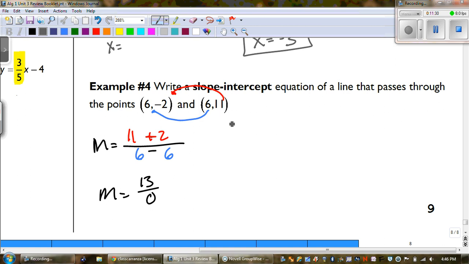Whenever 0 is on the bottom, it's an undefined slope. Okay? Try it in your calculator. It's going to give you something funky. Okay? So since it's an undefined slope, I know it's going to be a special case. It's a vertical. It's an x equals, and in this example, x equals 6.